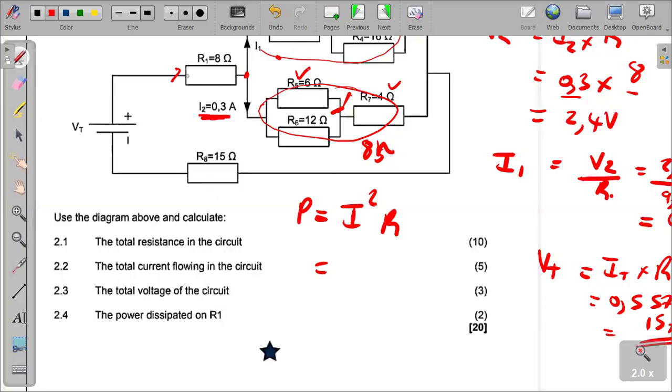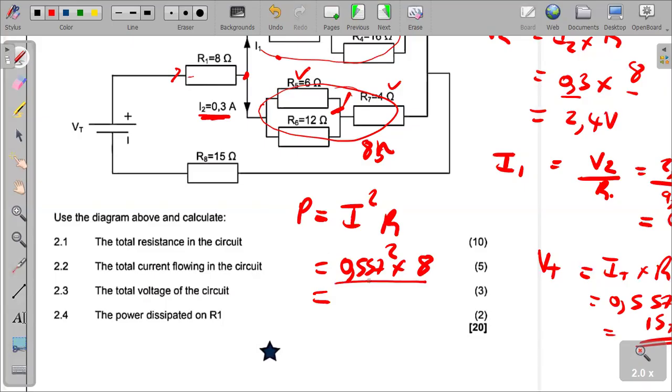What is it? It is the total current, the current passing through the 8 ohm before it is subdivided at this junction. So we use that total current 0.557 squared multiplied by the resistance of R1, which is 8.